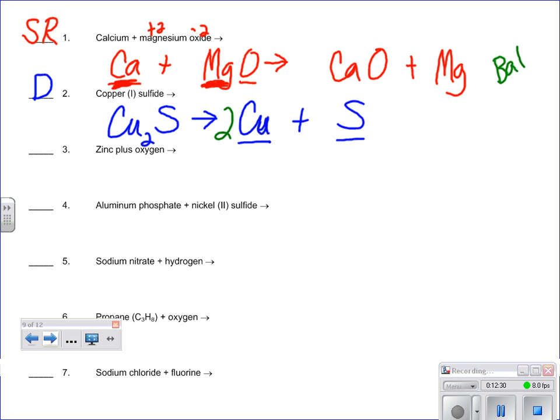Next one we have is zinc plus oxygen. So is that right? No, what do I do? Okay, so oxygen is diatomic, so you do have to go ahead and throw that in there. So zinc plus oxygen, what type of reaction is this? Synthesis. The only possibility is that we combine those because they're 2 separate elements.